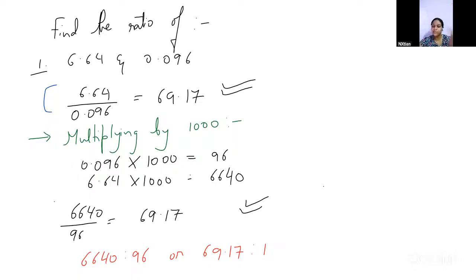You will divide both of them by those numbers, and that will be your simplified ratio. So we can simplify this as much as we want. First find the common factor of 6640 and 96.